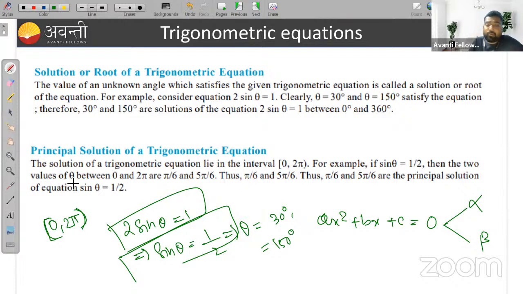Then the two values of theta between 0 to 2 pi, pi by 6 and another one 5 pi by 6, are the principal solutions. Whichever solutions you get that lie between 0 and 2 pi, we call them principal solutions. Okay, got it?